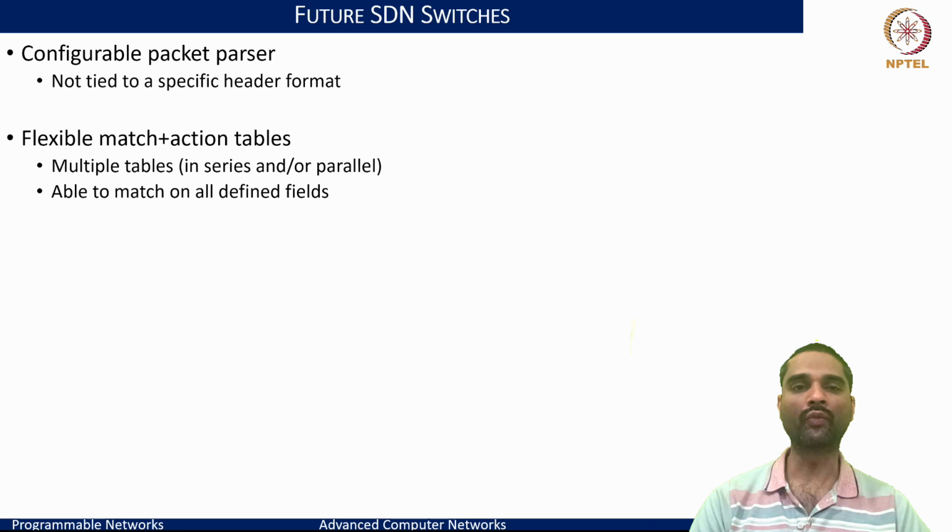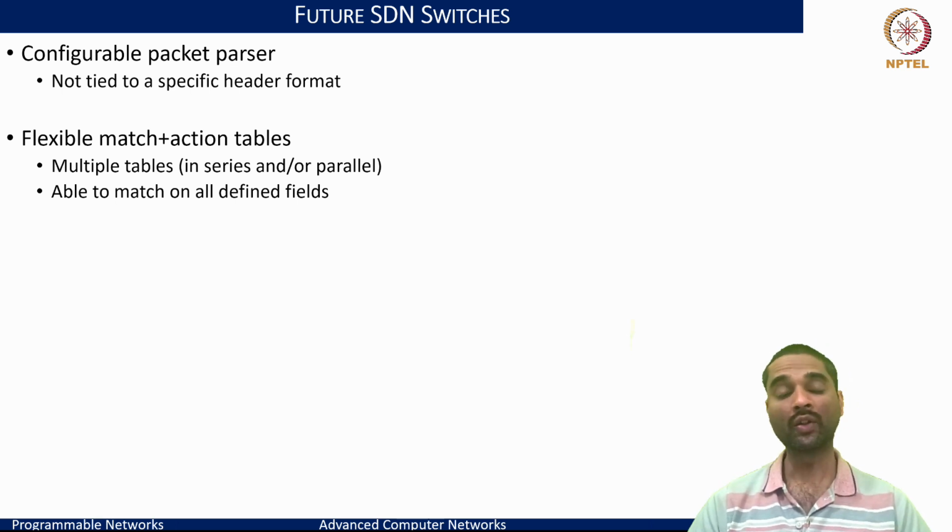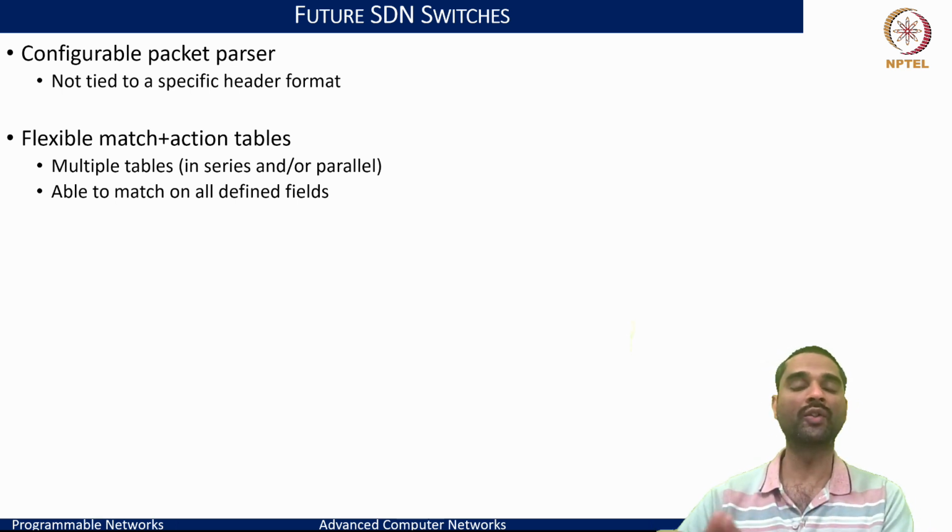And this is where the configurable packet parsers, which were not tied to any specific header format and allow us to look for any of the custom header formats, became very meaningful. And also the flexible match plus actions that we wanted to really deploy with multiple tables, and not necessarily that all the tables are in a serial order.